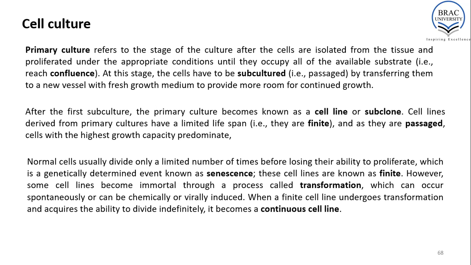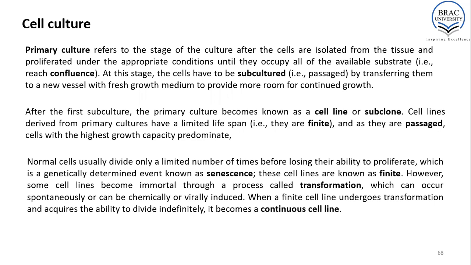After the first subculture, the primary cell culture becomes known as a cell line or subclone. Cell lines derived from the primary culture have a limited lifespan. That is, they are finite. As they are passaged, cells with the highest growth capacity predominate in the vessel.